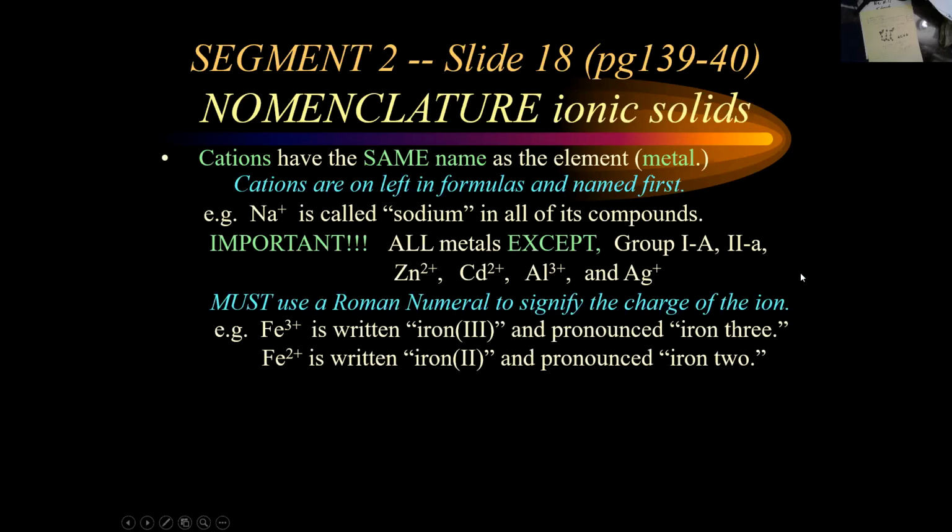So if I've got FeCl3, it's called iron 3 chloride because the iron has a +3 charge, not because it's got 3 chlorines attached.